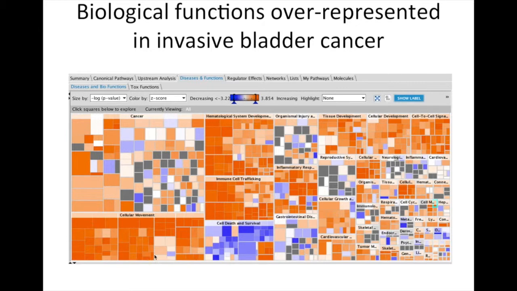Cellular movement going on makes sense with invasive cancers. We've got your blood system involved, immune system, and a decrease in apoptosis. Again, this all makes sense, but are all of these genes critical to what we're looking at? This gives you an idea of what you could potentially focus on, but at the same time doesn't give you a definitive target.